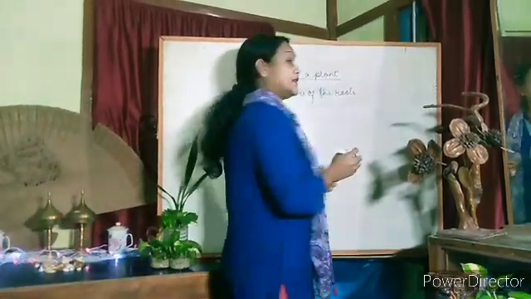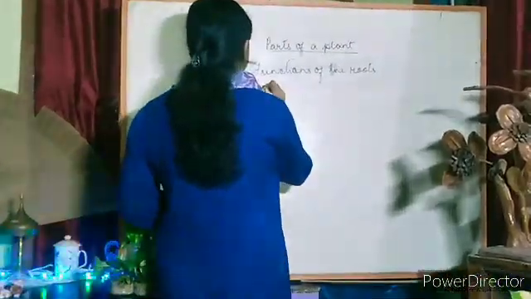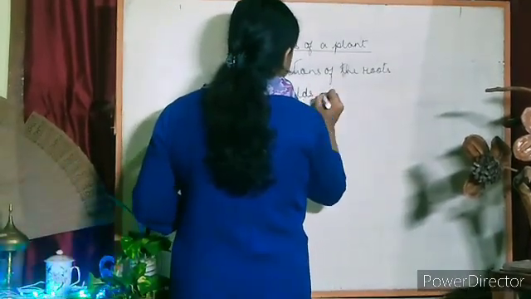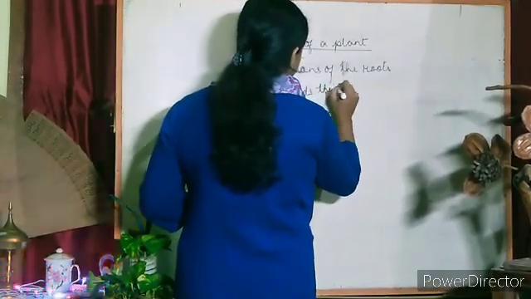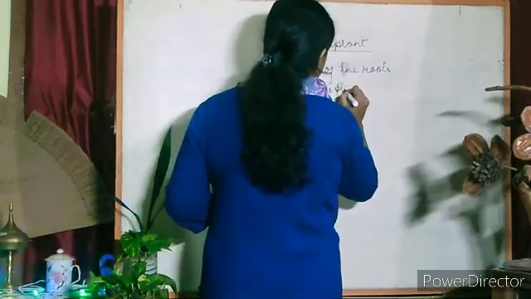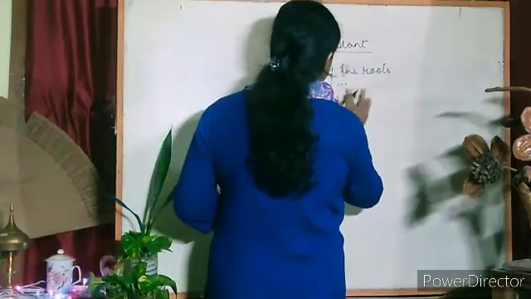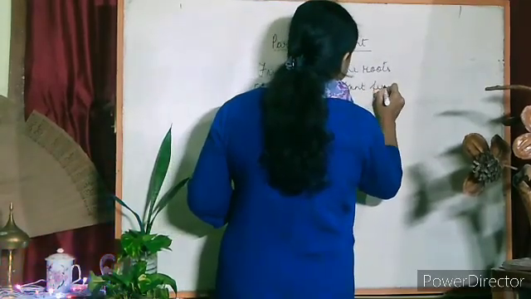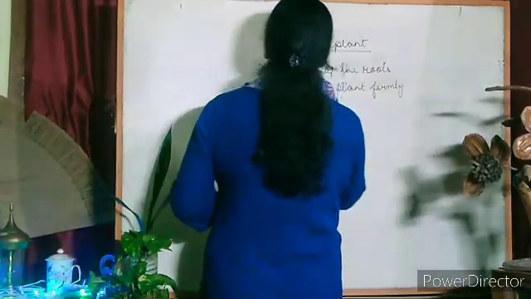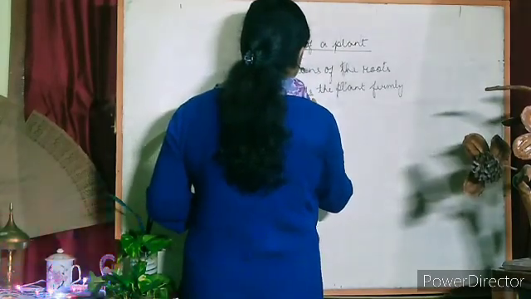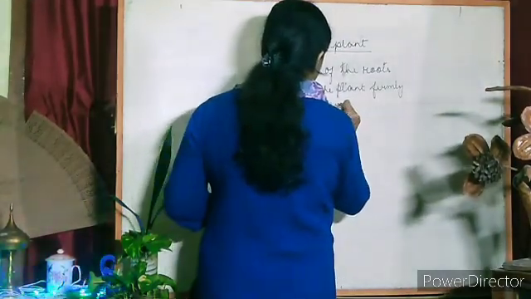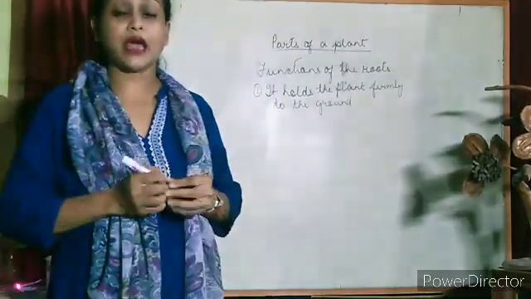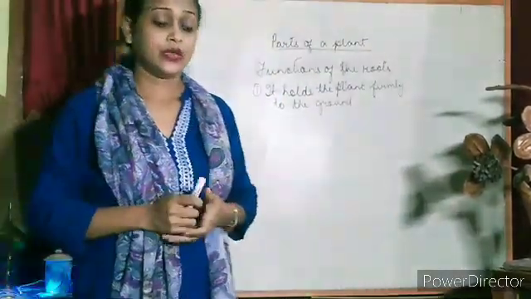The first function of the root is that it holds the plant firmly to the ground. So it is the root that holds the plant to the ground.